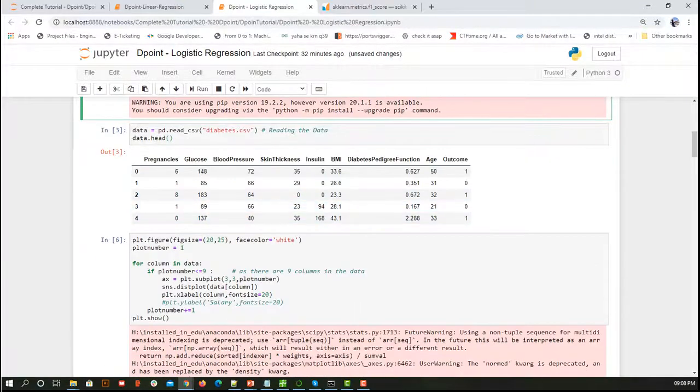Next, I have a diabetes file in my local machine, which you can get from Kaggle. I'll add the link in the description. If you don't know Kaggle, you can Google it. It's all about data science, ML and prediction. So we can get the data set from the website itself. From there I got this diabetes data, where I have pregnancies, glucose, BP, skin, insulin, and so on.